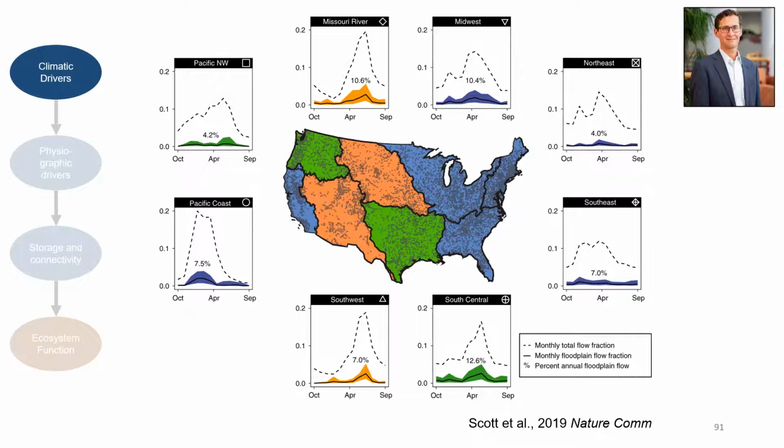We developed a method to look at this based on the stage discharge hydrograph, or the stage discharge relationship. And I'd love to talk to people about that if they're interested. But what you can see, just like we were looking before, different regions have different timing of this floodplain connectivity. The Missouri River Basin is an important driver out here, and so it has a very different seasonal signal than maybe the Southeast.